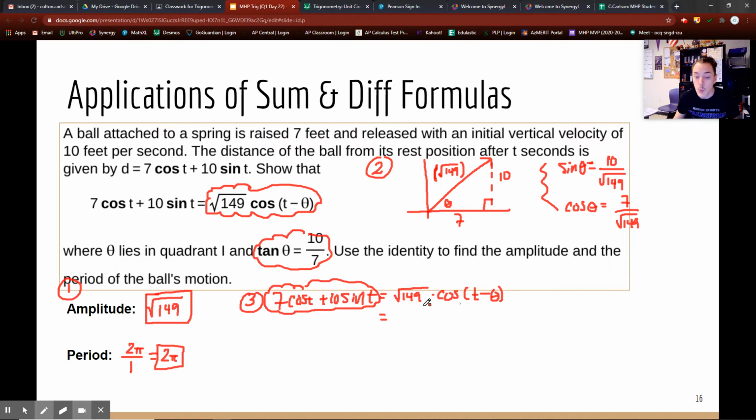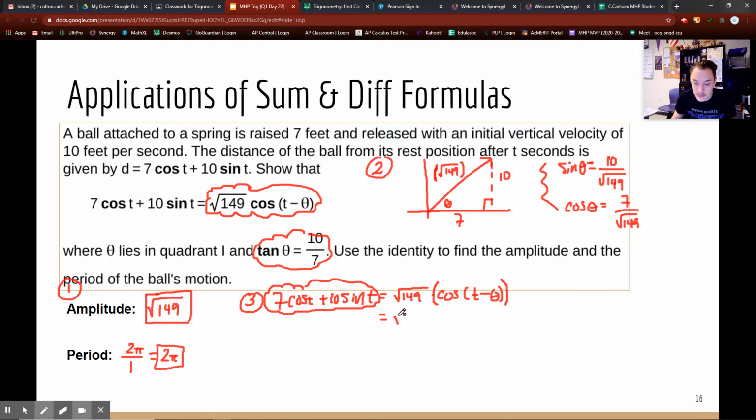Okay, so what is this? Well, I'm going to put this in parentheses because this is technically a difference formula for cosine, right? That's a difference formula. And then radical 149 is actually multiplied to everything. So what will this actually look like?